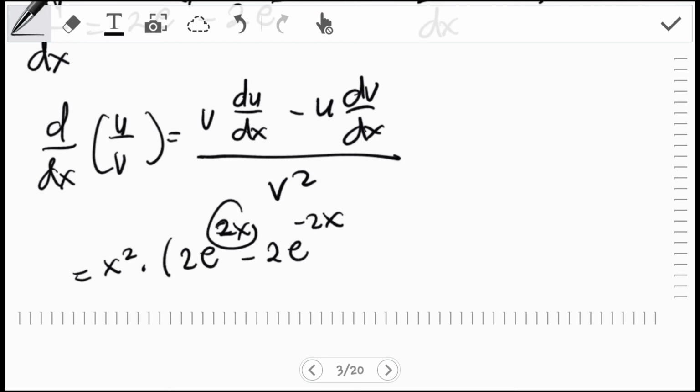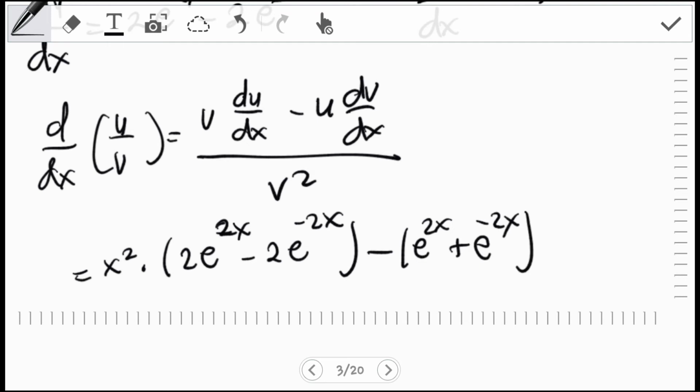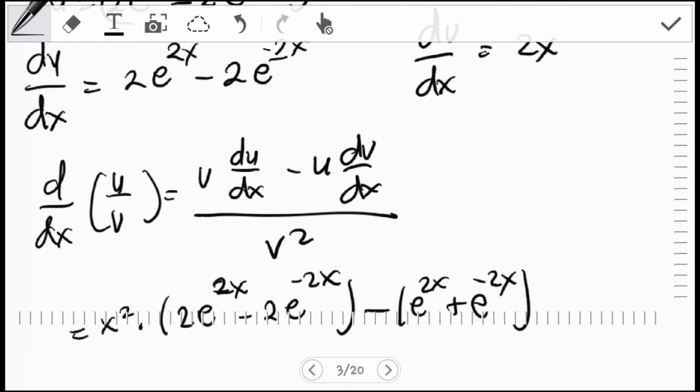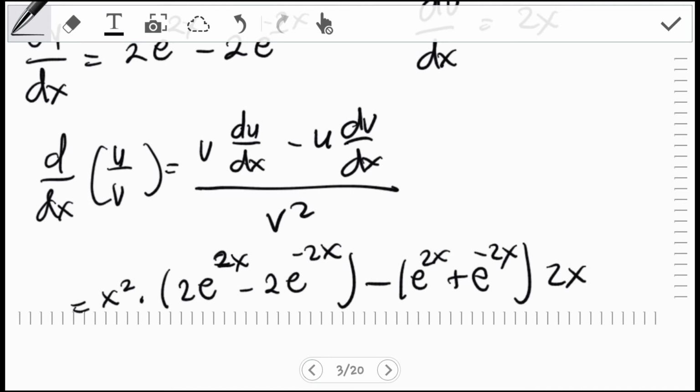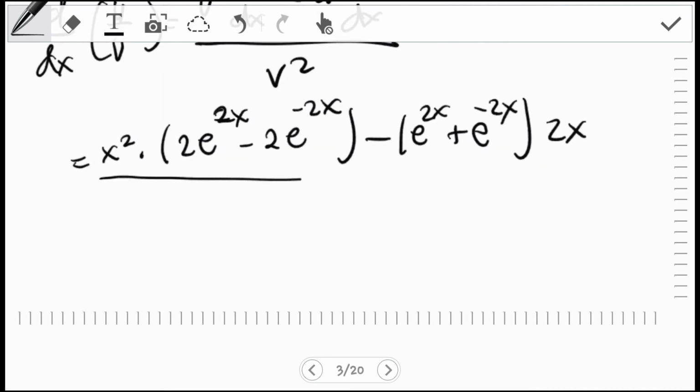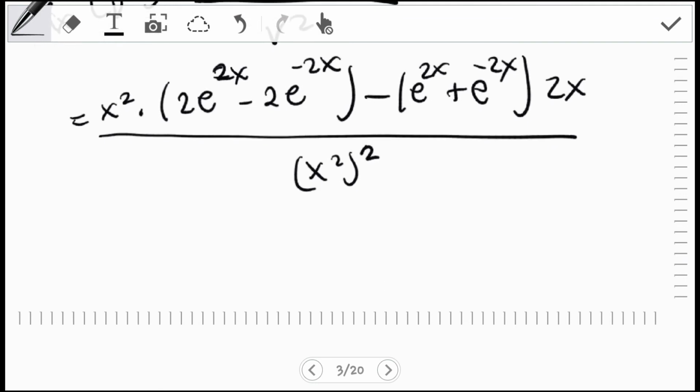So here is positive 2x. Then minus the quantity e to the power 2x plus e to the power negative 2x, where dv is 2x, okay, over x squared to the power 2. So simplify.